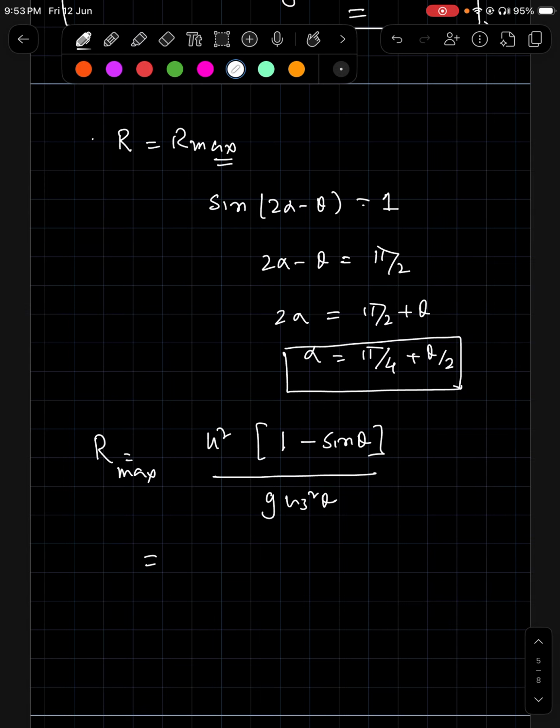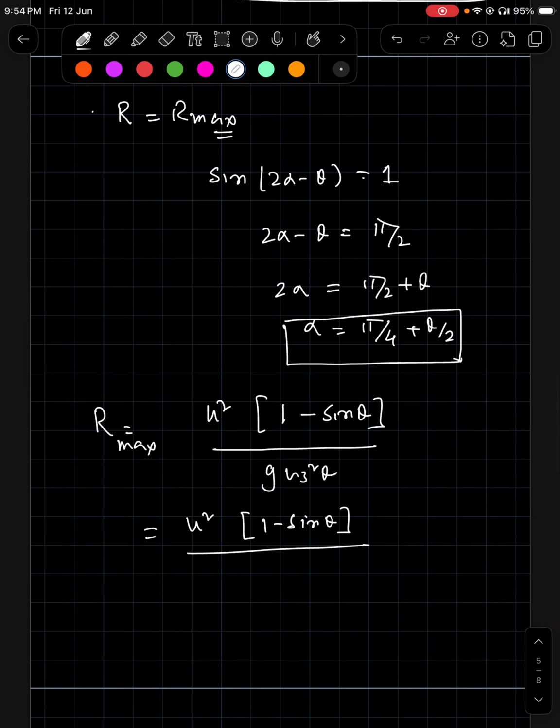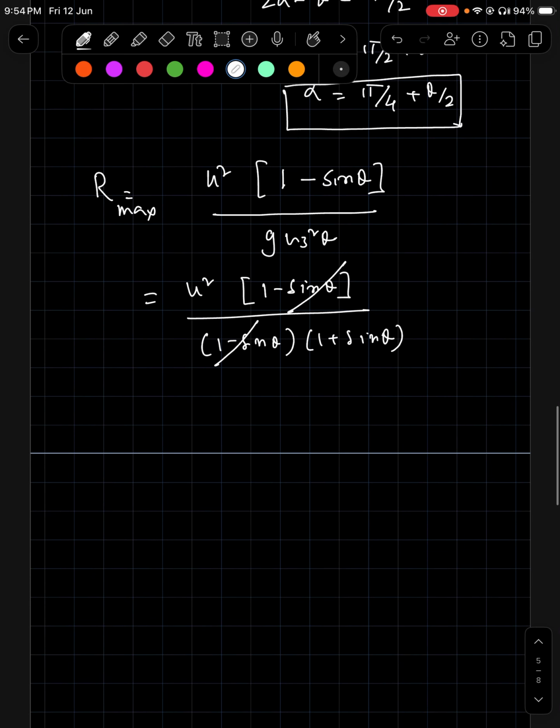And in place of cos square theta, I'm writing 1 minus sine square theta, as a square minus b square, to express it in the form of 1 minus sine theta into 1 plus sine theta. And 1 minus sine theta can be cancelled out.